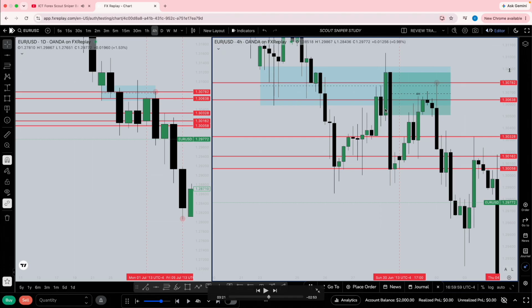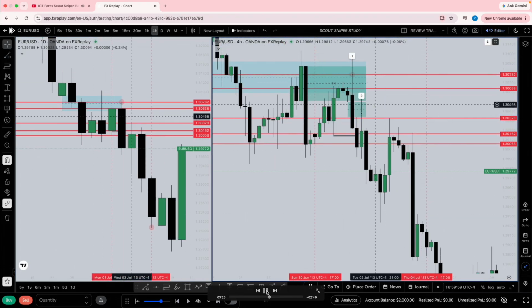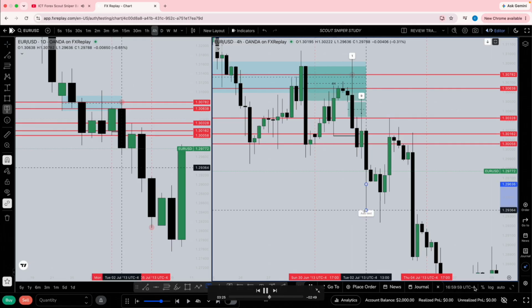And this is a bearish order block from the 4 hour. Market structure shift happens right here. Fair value gap, entry, and down for the rest of the day.